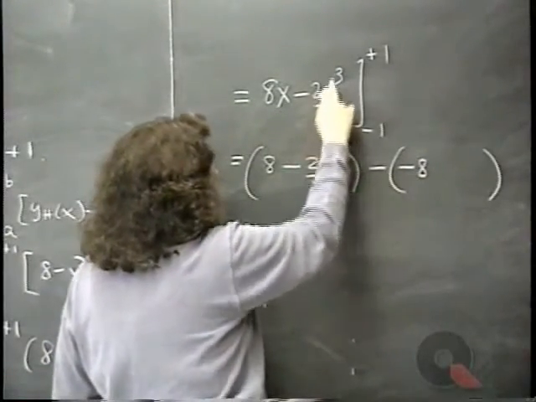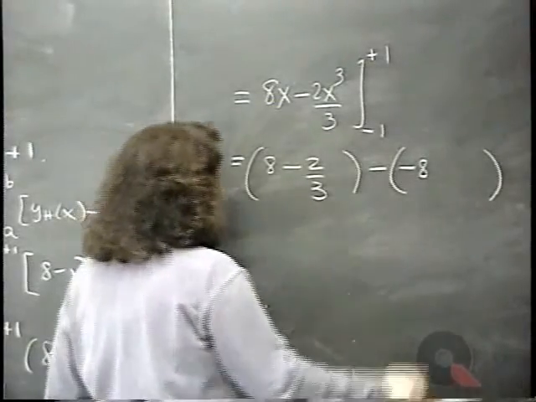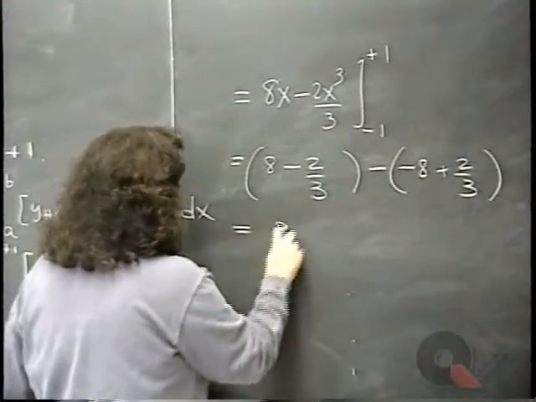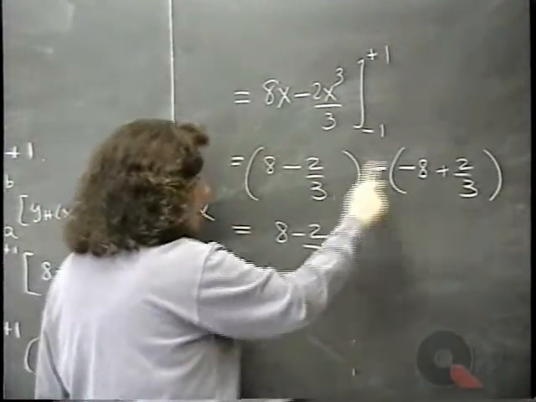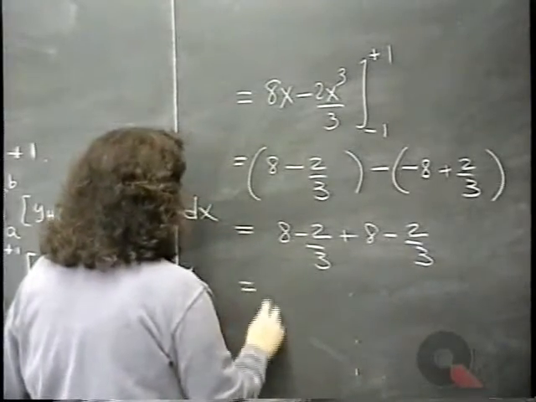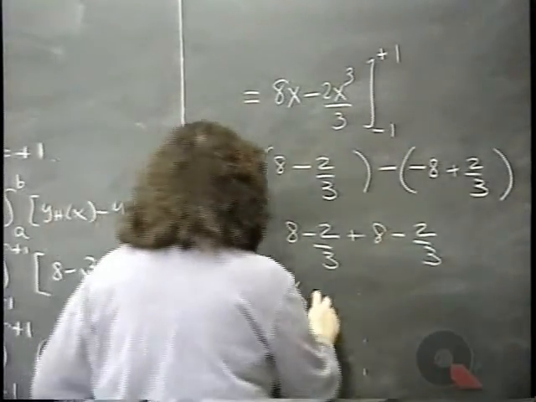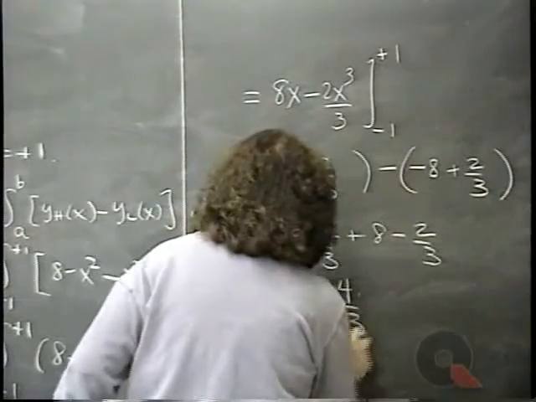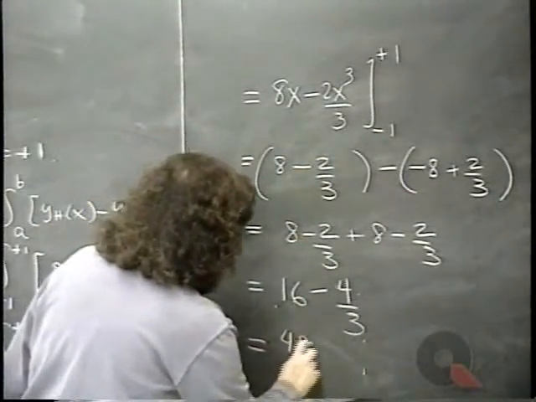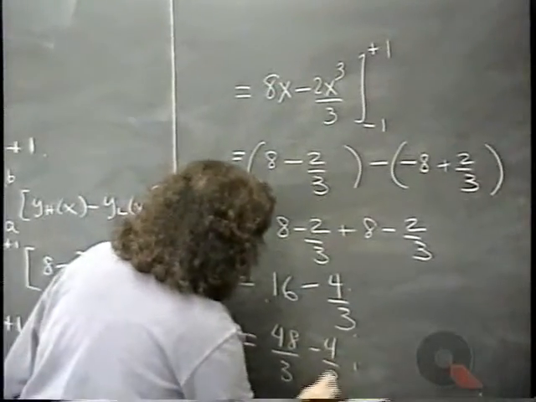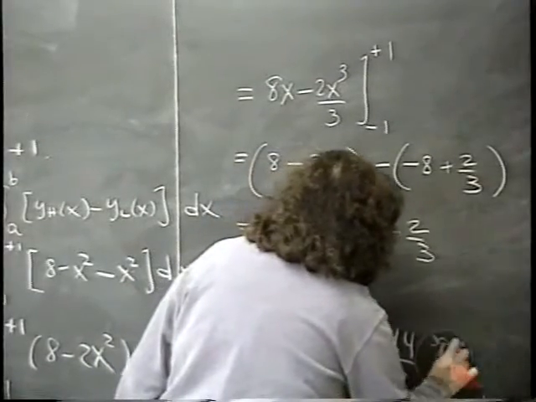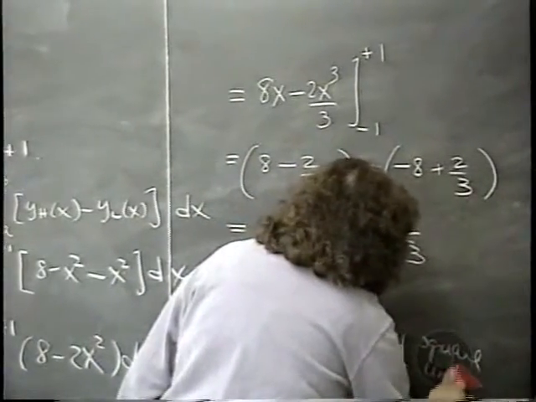Minus 2/3 times -1 cubed becomes plus 2/3. This is 8 minus 2/3 minus a minus 8 plus 2/3, or 16 minus 4/3. Changing 16 into thirds, we get 48/3 minus 4/3 for an answer of 44/3 square units for the area.